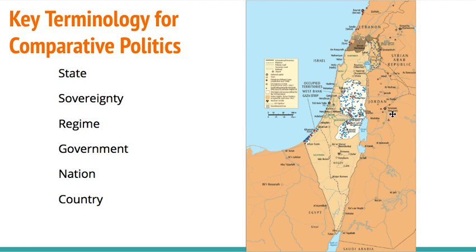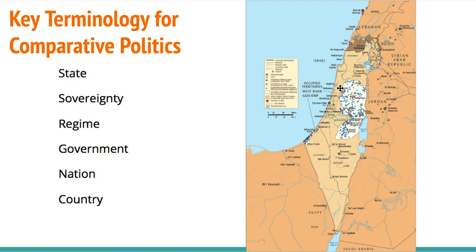They have tenuous relationships with Jordan, sometimes with Saudi Arabia. But the idea is that they get to control what happens within their border, and they get to control what happens within their airspace. They get to control what happens here in the ocean that borders them. But the idea of sovereignty is that they get to carry out actions independent of rivals, and they do not need to ask for their permission.